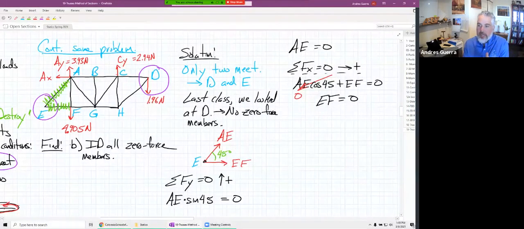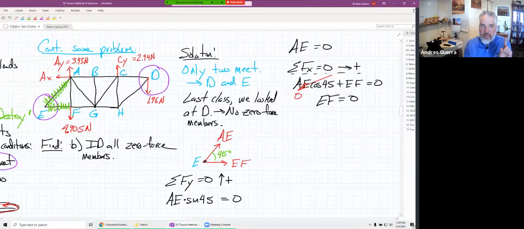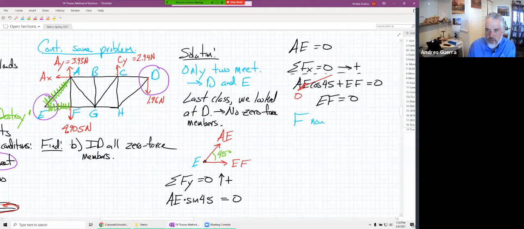Now, the reason we have to destroy stuff is because that can open up another joint for us. F now only has 2 members. So what are we going to do?